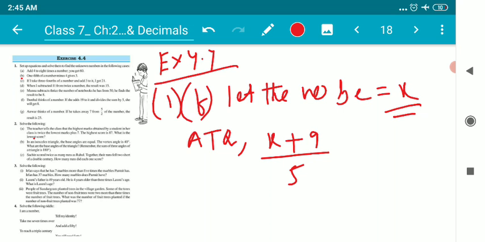As I don't know what is x, so naturally I cannot solve x plus 9, so I have to leave it in this form only, x plus 9 only, and the sum x plus 9 will be divided by 5. Resulting means equal to sign. When we are talking about resulting, it means it is equal to sign. Okay, then she is supposed to get 8. Chalo, brilliant, no problem. Equal to 8.